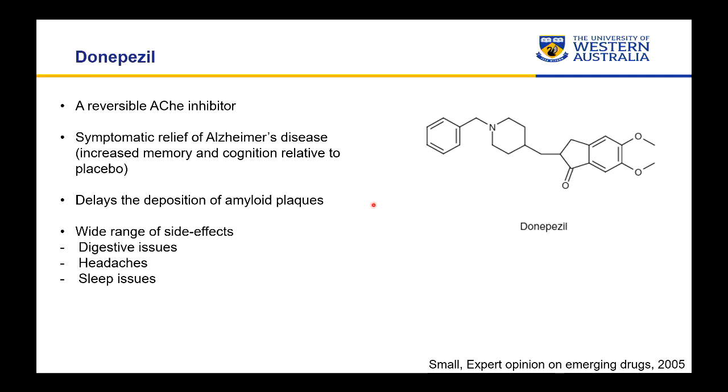So if you're taking a drug that prevents the breakdown of acetylcholine, you can get a lot of unwanted side effects, for example digestive issues, because a lot of that muscle is innervated by nerves that release acetylcholine, so you can have a lot of GI issues there. It can also affect sleep, and it can cause headaches. It can also change some of the vascularity in the brain, which can possibly lead to headaches as well. But it does seem to improve memory symptoms in a lot of cases.